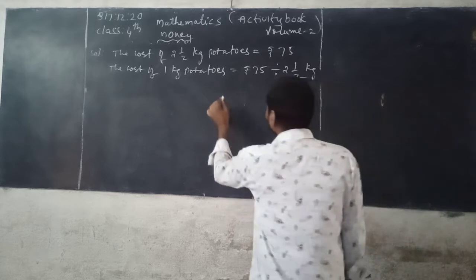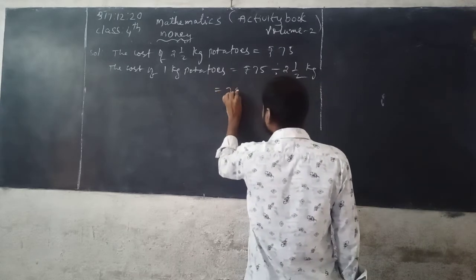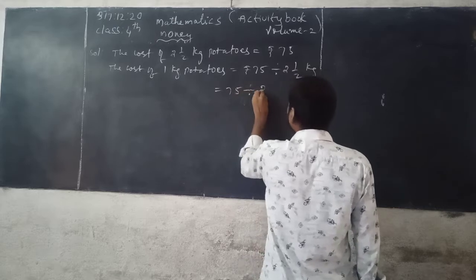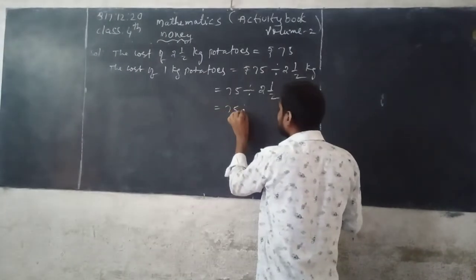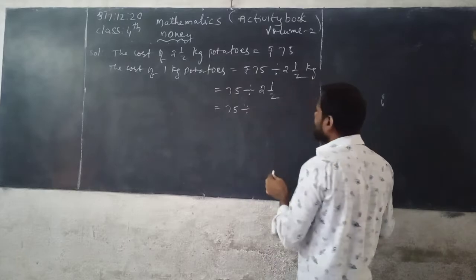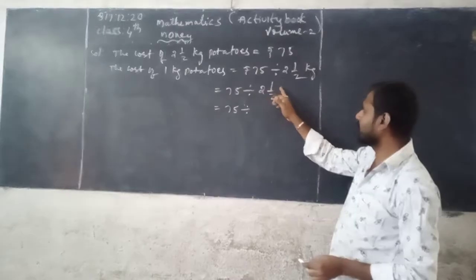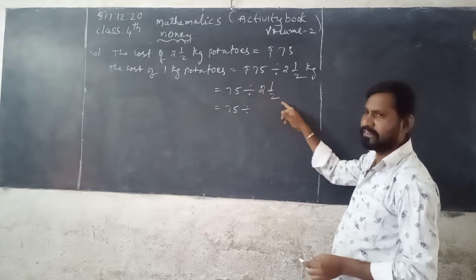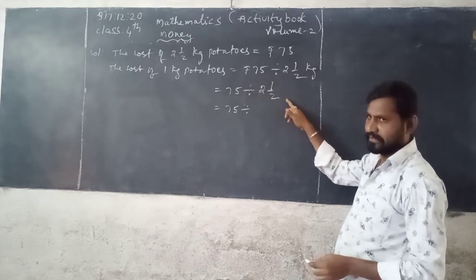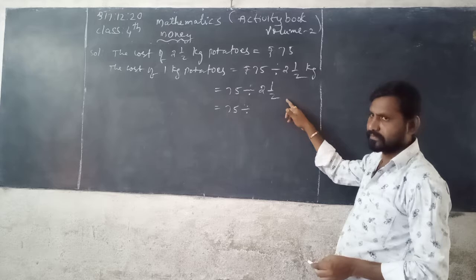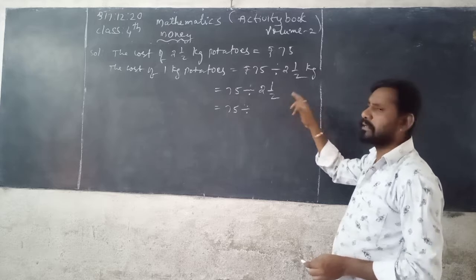See here, look at the blackboard everybody. 75 divided by 2.5, 2 whole 1 by 2. That is equal to 75 divided by, see here, 2 2s are 4. This is a mixed fraction, no? Convert into an improper fraction.